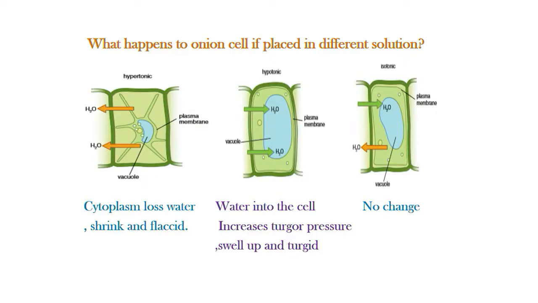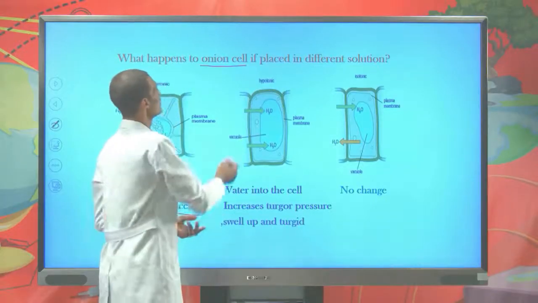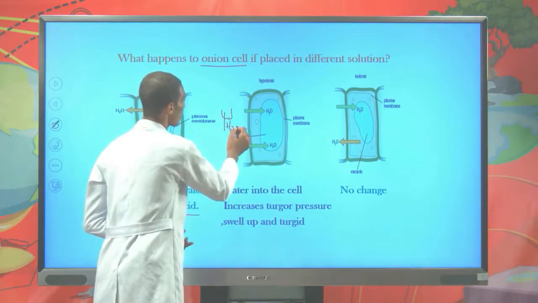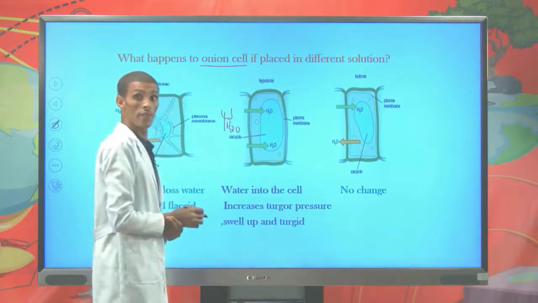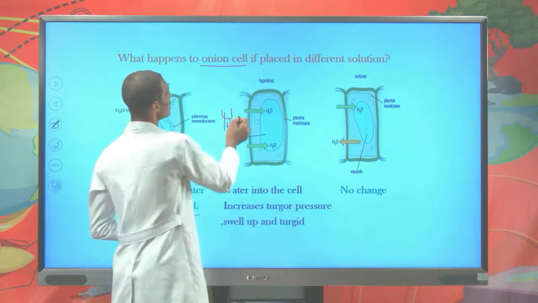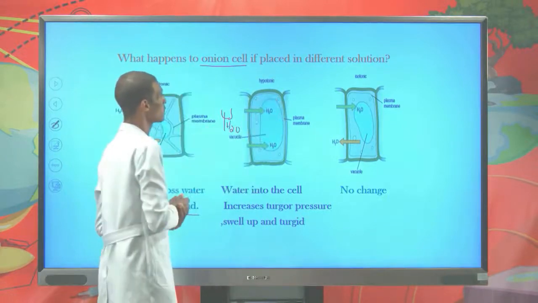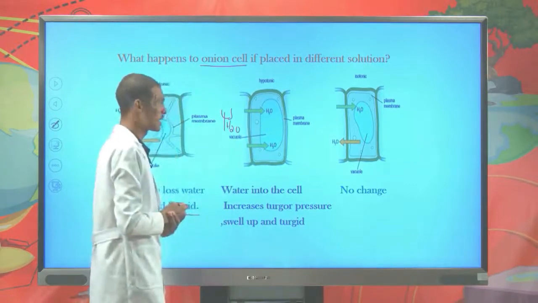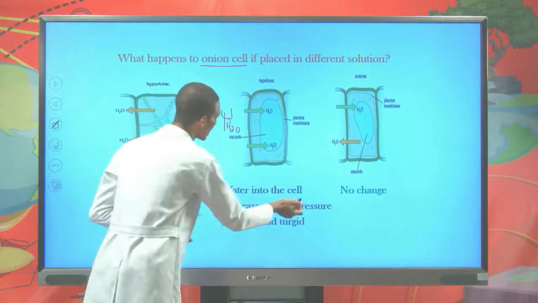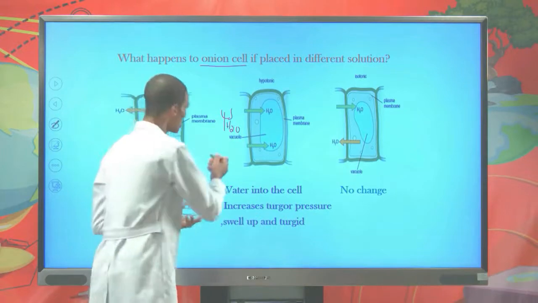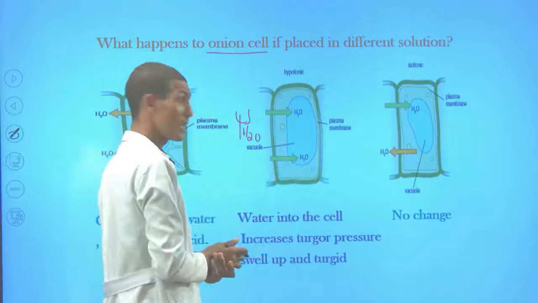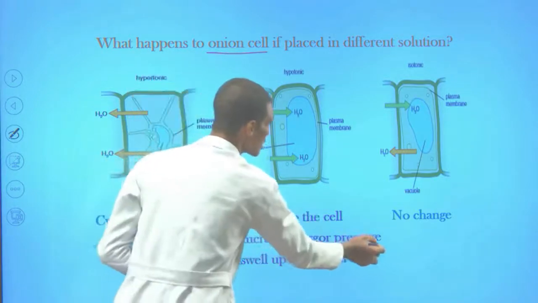Else, under a hypotonic solution, the water potential found in the environment is greater than the water potential found in the cell. Then water prefers to enter the cell. The size of the cell increases, the size of the vacuole increases, the size of the cytoplasm increases, and together there is turgor pressure.